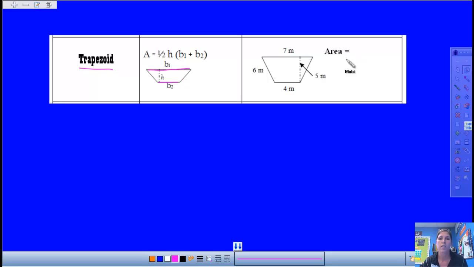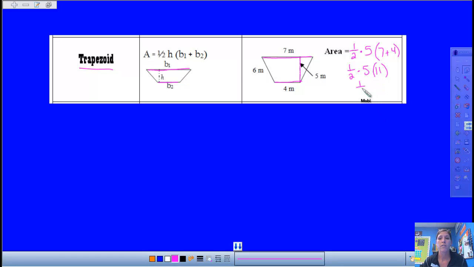So in the area here, if we look at this example, we would do 1/2, and we're going to multiply it by the height, and the height is 5, and then times, we want to add our bases. Base 1 would be 7, base 2 would be 4. So I'd have 7 plus 4. Again, you want to remember your order of operations. So we're going to do 1/2 times 5 times, in our parentheses, this would be 11.